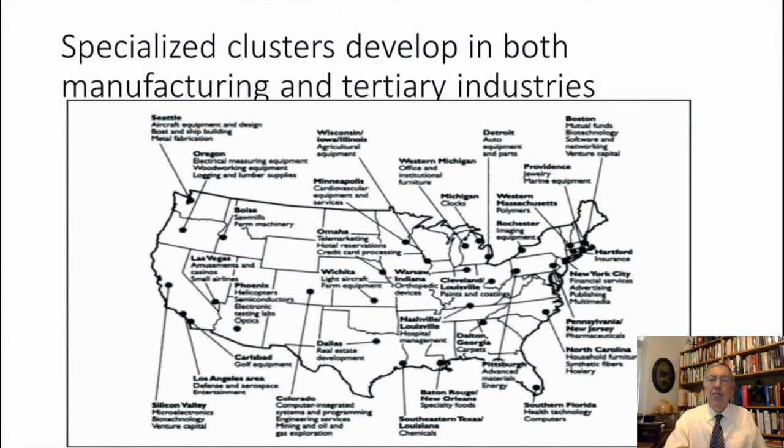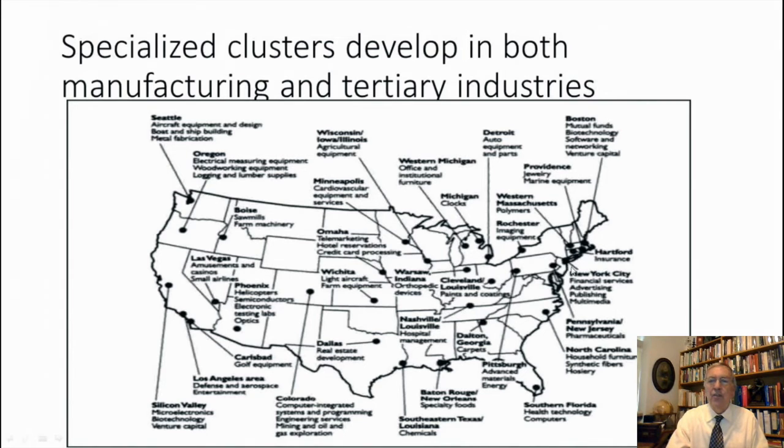So that area has become a specialist in petrochemicals and plastics and so forth. So those are raw material clusters. But you can also have tertiary clusters. So Hartford, Connecticut remains as one of the big insurance centers of the United States, and many of the world's specialists in insurance are located there.